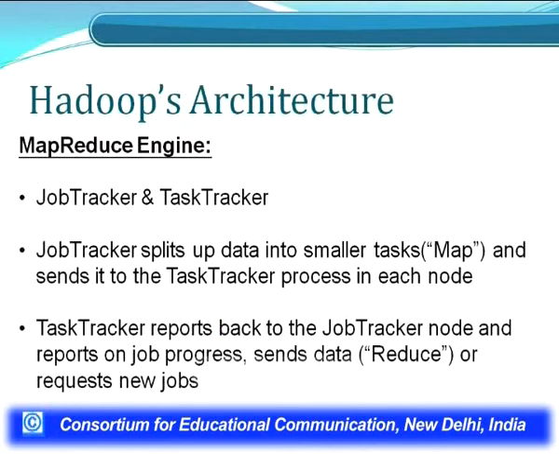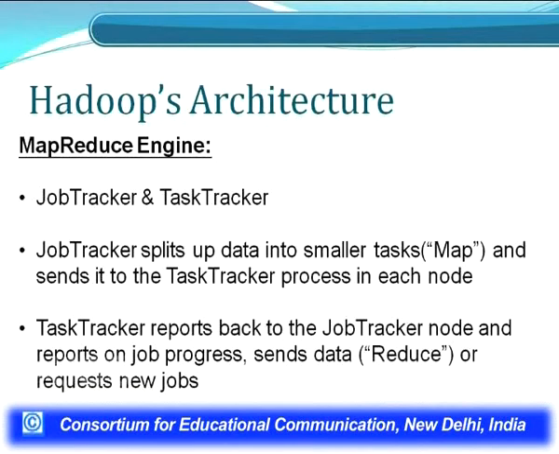Another MapReduce engine architecture to try to understand. In the MapReduce engine, there are two things which you have just discussed, the job tracker and the task tracker. The job tracker's job is to split up the data into small tasks, that is map, and send them to the task tracker processes in each node.